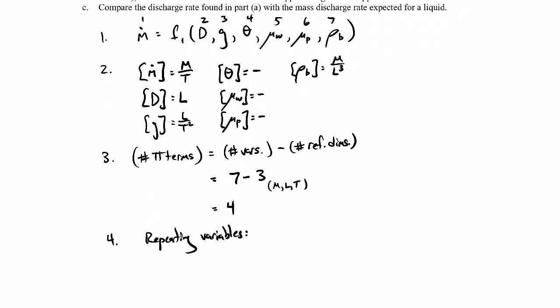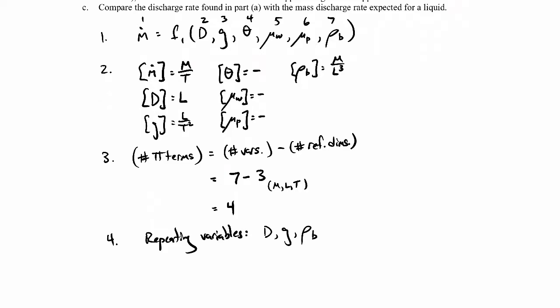The ones that I'll choose will be the diameter of the bin, so that'll give me a length. Then I'll choose gravity because that'll give me a time, and then I'll also choose the density because that'll give me a mass. So D, g, and rho b will be my repeating variables. Actually, they're the only ones I can really use here.